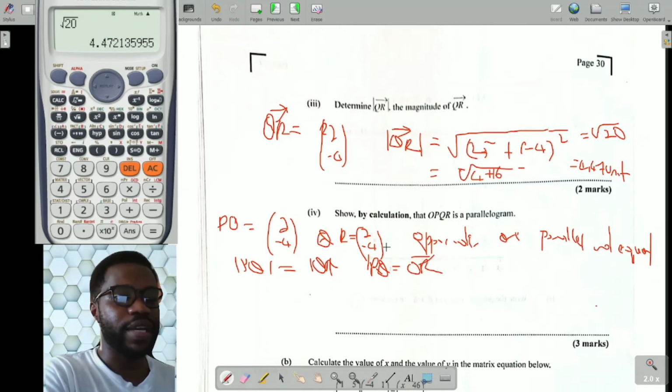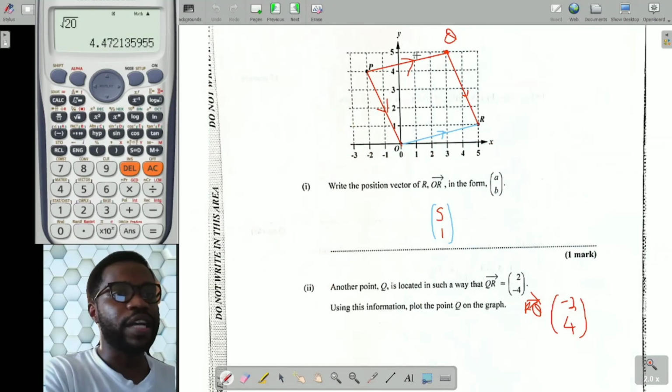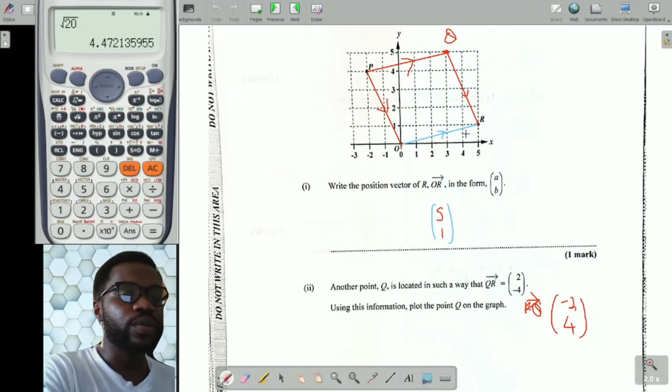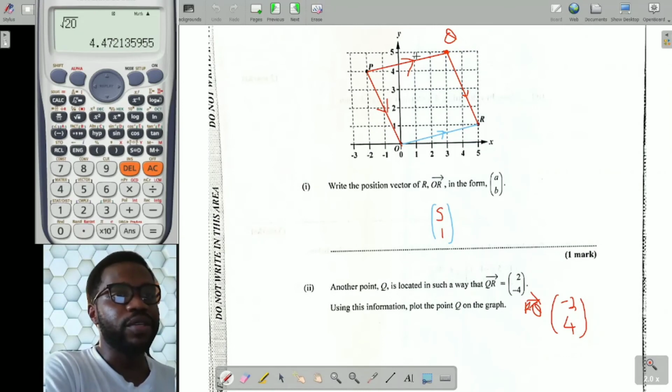So that's one pair of sides. Now let's look at the other two sides, previous. That also means that PQ and OR are parallel and equal. And we can count them off. PQ, from the diagram we're going to have 1, 2, 3, 4, 5, 5, 1. So PQ is 5, 1.